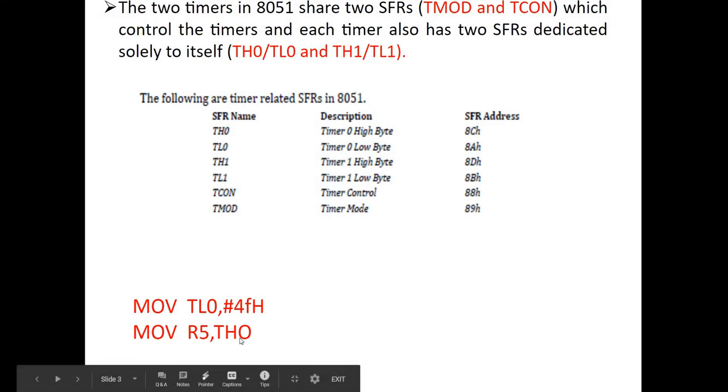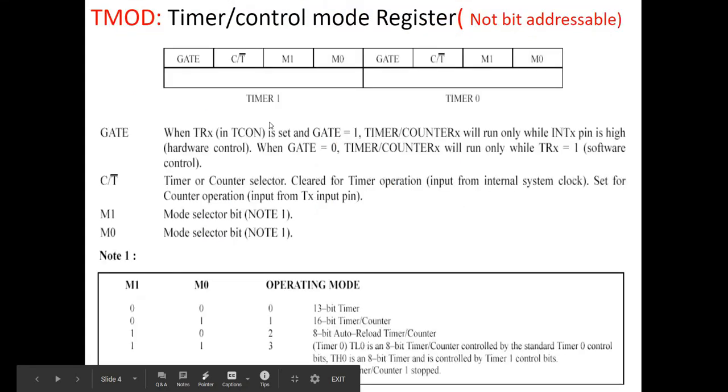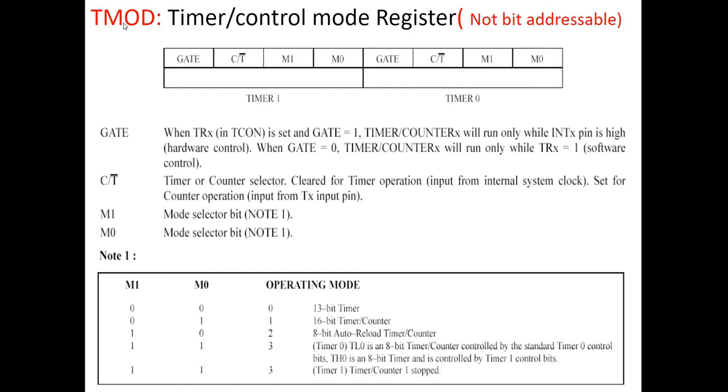Similarly, if you want to move the contents of this special function register to any other register, then we can use the instruction MOV R5, TH0. Now we'll see the function of TMOD and TCON.